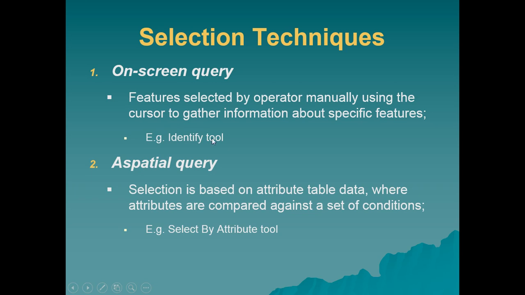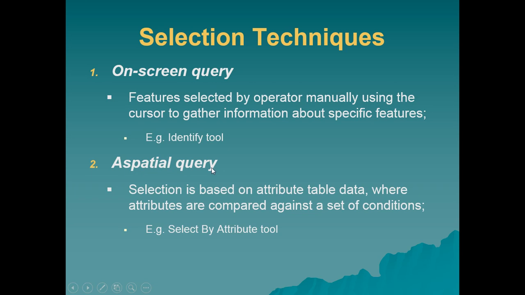For example, you would have used the identify tool from your floating toolbar. That's the one with a little cursor and, I think, an eye on it, and you would click on a feature and get information from it. So that's an example of on-screen query.